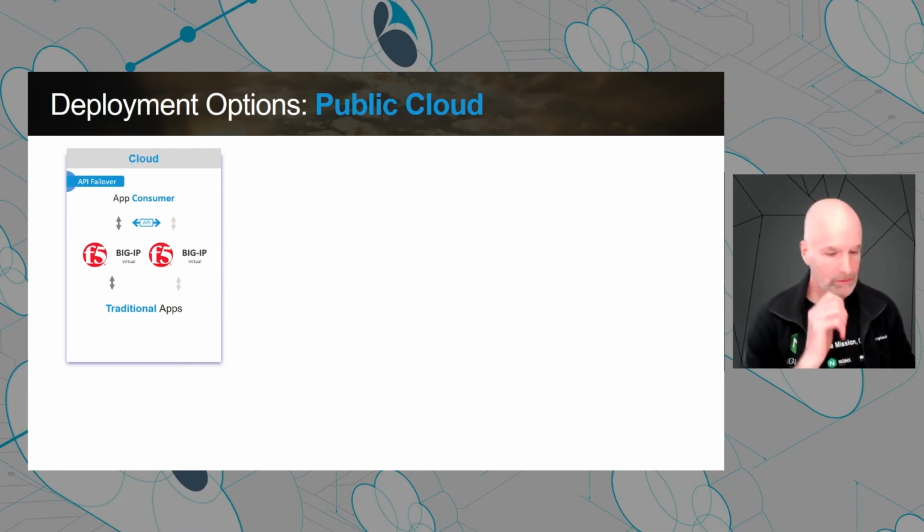Now in cloud, things are a little different, and they're a little different in each cloud because the different cloud providers give you different constructs to work with. The first option that I'm showing here is deploying BIG-IP as a virtual instance into a public cloud environment and using API failover.